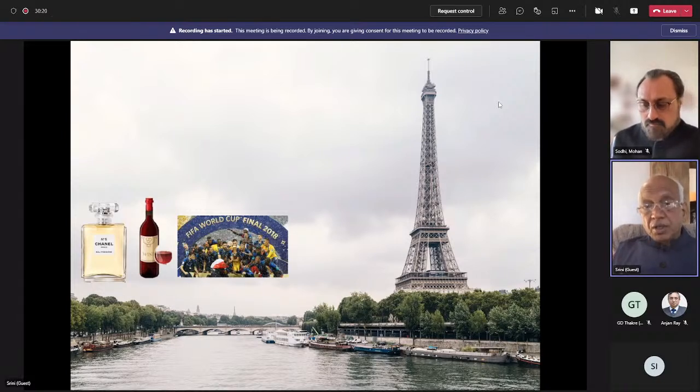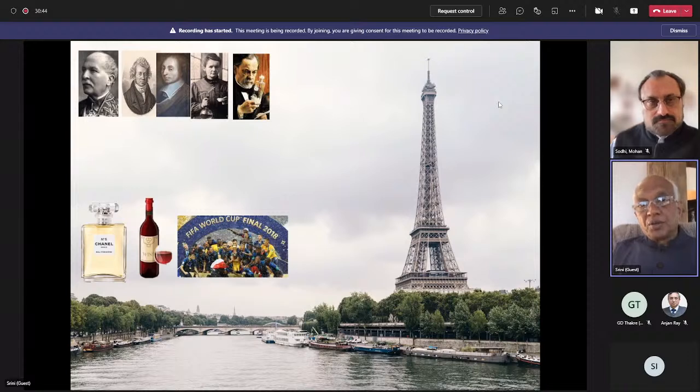The moment you think of France, I don't know what comes to your mind, but in my mind, I think of good wine and nice perfumes, or even the World Cup. We win World Cups sometimes. We have Zinedine Zidane, we have Kylian Mbappe in France. But then there's also the inevitable Eiffel Tower. However, there is more to it.